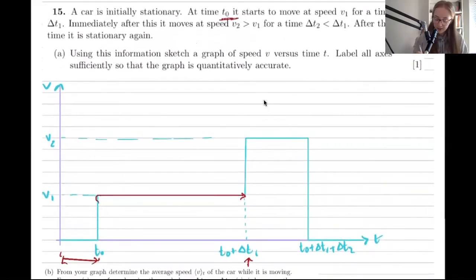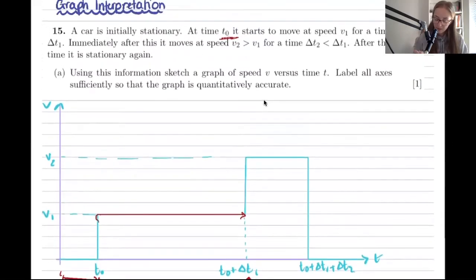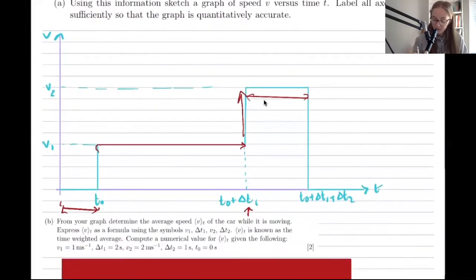And then it speeds up instantly and moves at a speed v2, which is greater than v1. So we want to plot it higher. And then this happens for delta t2 seconds. So the time at this point here would be this time plus the amount of time it took to get there. So t0 plus delta t1 plus delta t2.